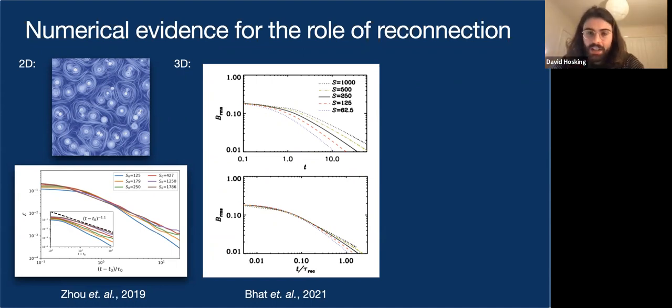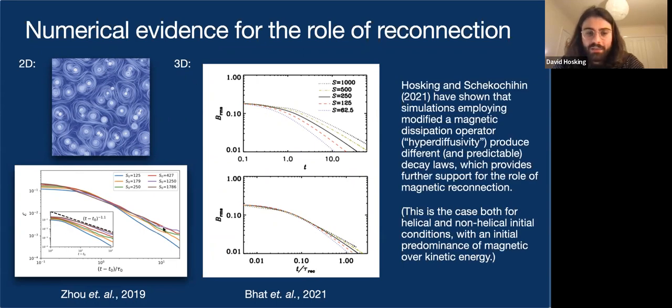Now, another way that one can verify the role of magnetic reconnection, and what was used in Hosking and Schekochihin in 21, we showed that if you employ a modified magnetic dissipation operator, a hyperdiffusivity, if instead of having Laplacian dissipation in your MHD equations, like an eta Laplacian of B term, you promote the Laplacian to a nabla to the 4, nabla to the 6 hyperdissipation term, then using the Sweet-Parker theory, you can work out exactly what your decay power law should be in that case.